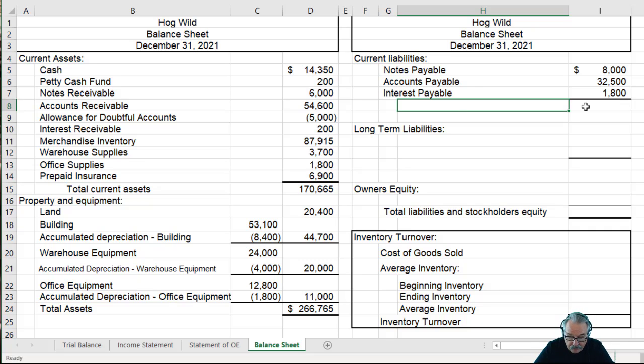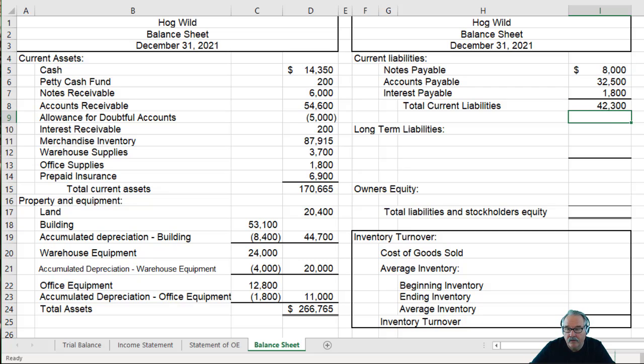So our total current liabilities is $42,300. Then we have some long-term liabilities. We have a loan payable, long term, $6,000.